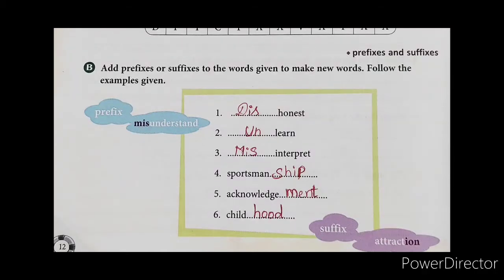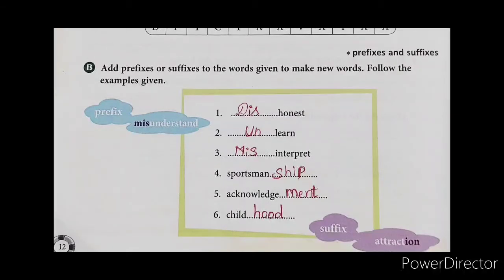Attract is the root word. At the last, we are using the suffix tion, T-I-O-N. When we add it with the root word attract, it will change to attraction. So it gives a new word. It creates a new word when we add prefix or suffix.